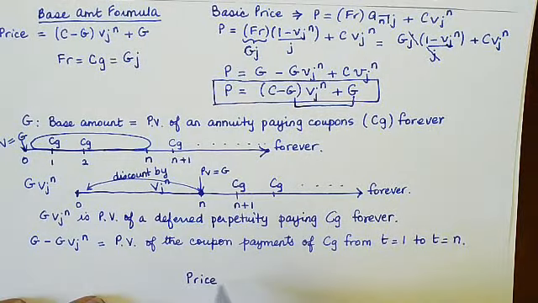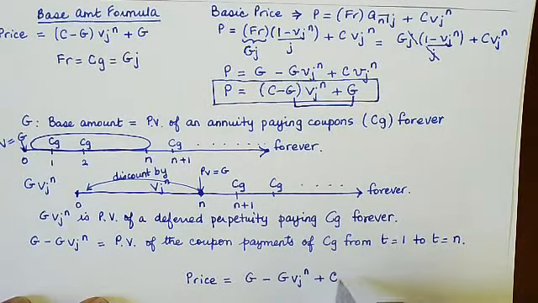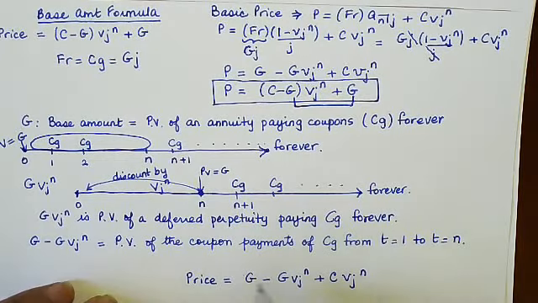So when I look at this formula, price is equal to G minus GVj to the n plus CVj to the n.